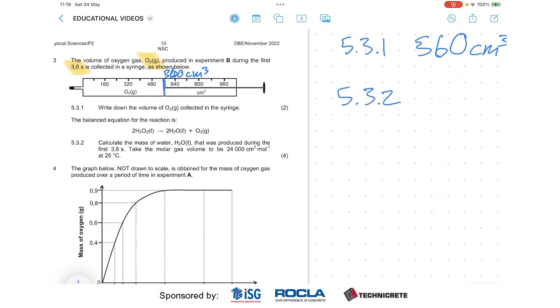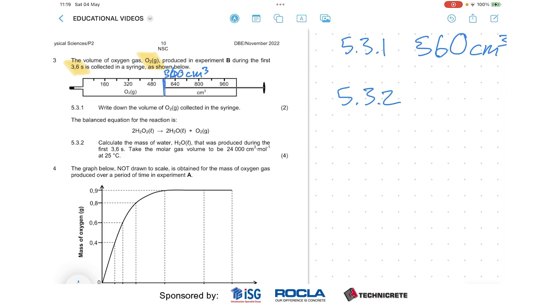Calculate the mass of water that was produced during the first 3.6 seconds. Take the molar gas volume to be 24 cubic centimeters per mole at 25 C. Calculate the mass of water.